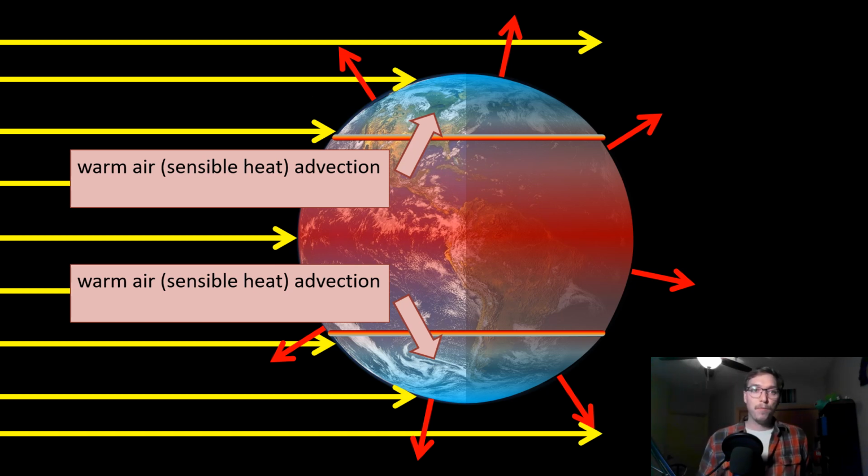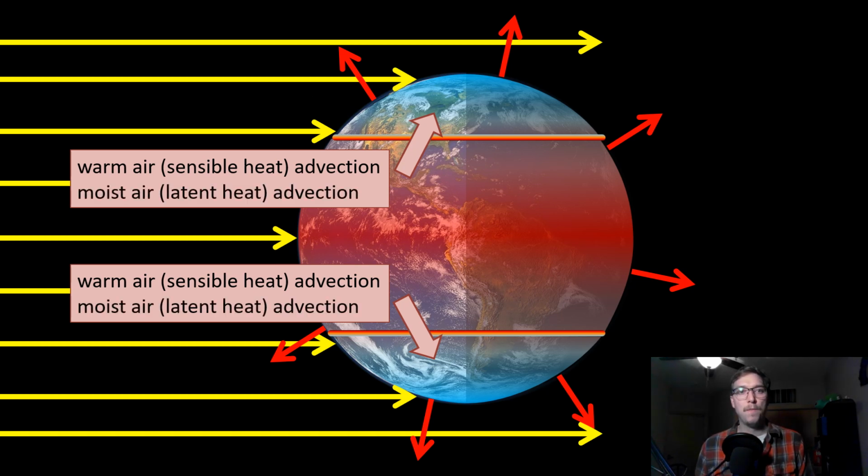Within the equator, and until about 33.5 degrees north and south, you've got warm air, sensible heat advection, which is moist air and latent heat advection. Advection just refers to the transport of something from one region to another.